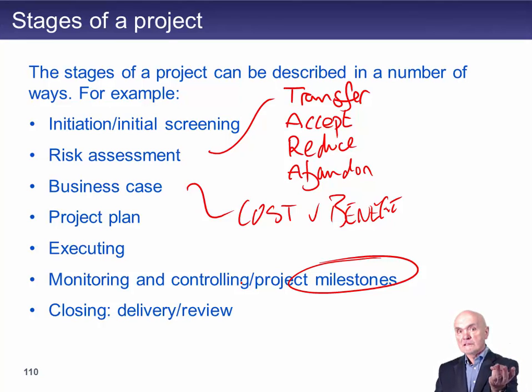Let's pause and just see whether or not we've actually accomplished that. Is it keeping to costs as well as time deadlines and so on? Is there anything we need to maybe adjust in the project plan? Do we need to maybe warn people that this project is going to be a month late or it's going to cost a little bit more? How are we going to manage it?